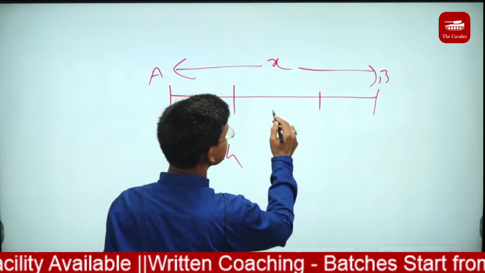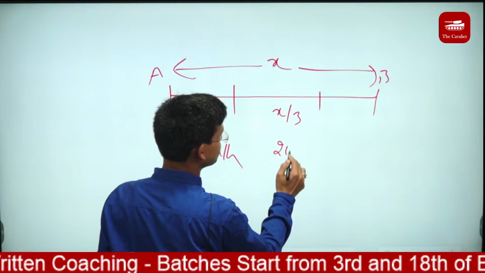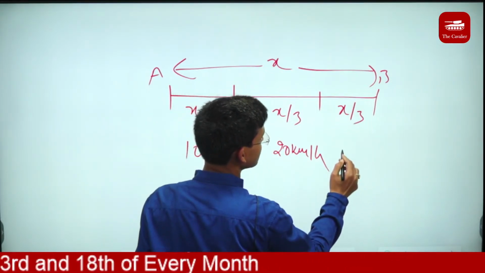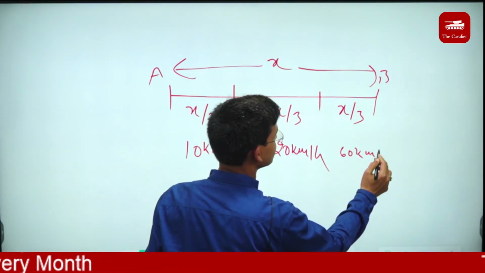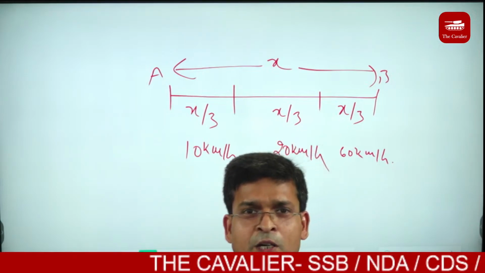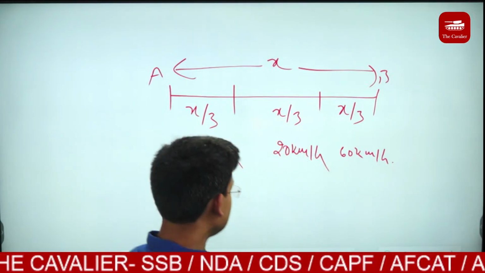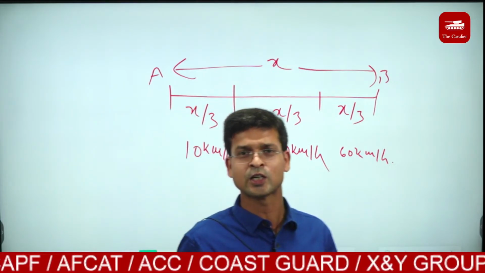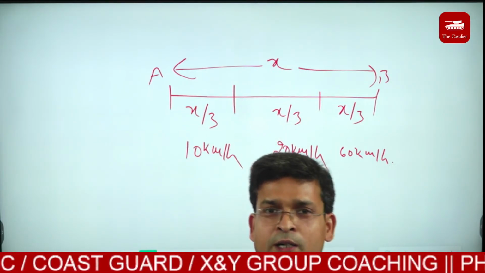Next 1/3 it covers with a speed of 20 km/h, and last 1/3 with a speed of 60 km/h. We have given the three variables v1, v2 and v3, and in this case we have to find the average speed. Average speed is basically the total distance upon total time.